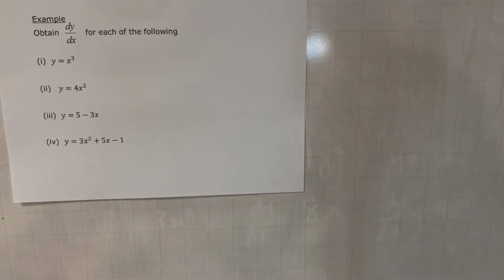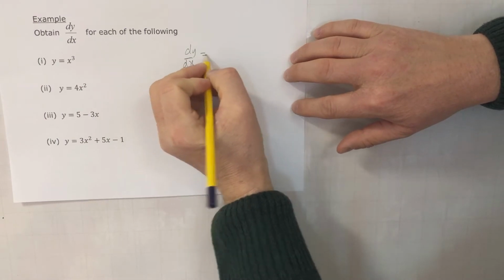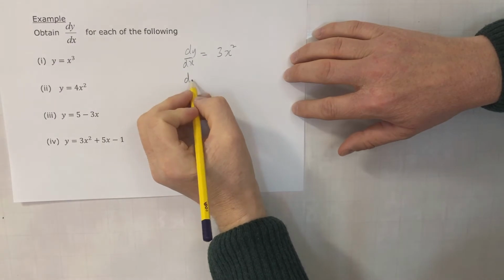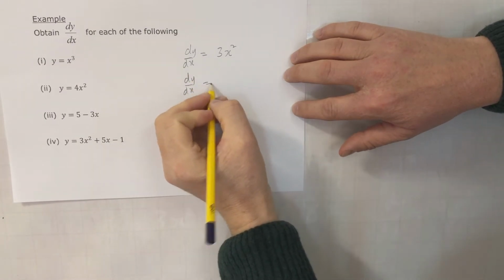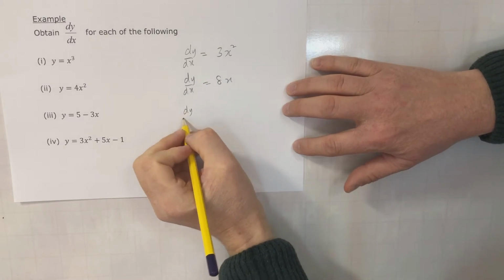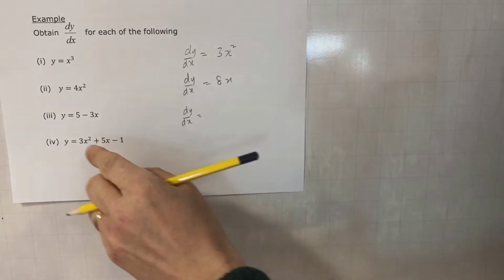So here are a few examples, 2 of which we've already looked at. In the first instance, dy by dx, i.e. the differentiation, is 3x squared. In the second case, the differentiation is equal to 8x. Now in the third and fourth case, when you've got a number of situations on here, you take each one separately.